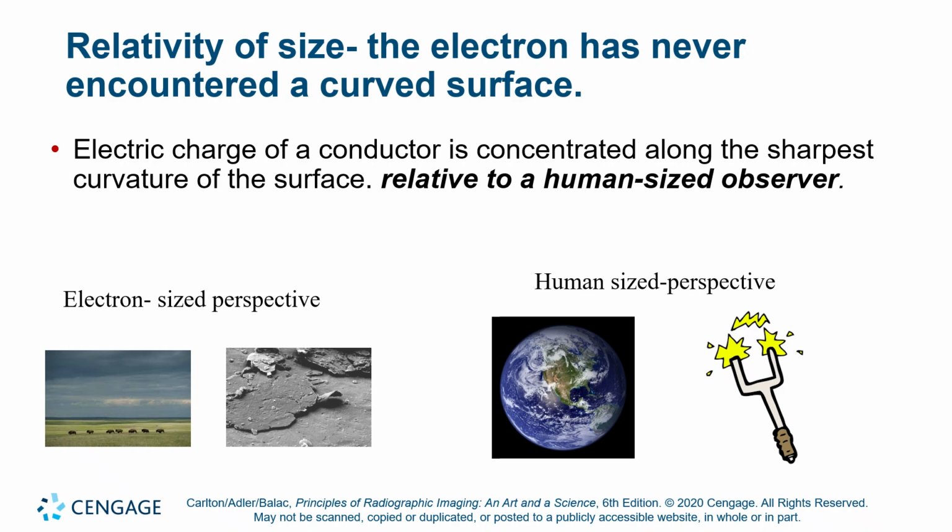What's going on is the electric charge of a conductor is concentrated along the sharpest curvature of the surface relative to a human-sized observer. We're not saying that; we say that it appears like the electrons are bunching up at the points of the cattle prod. What's really happening is the electron doesn't know that there's a point there. It is operating as if it's on the surface of Kansas.